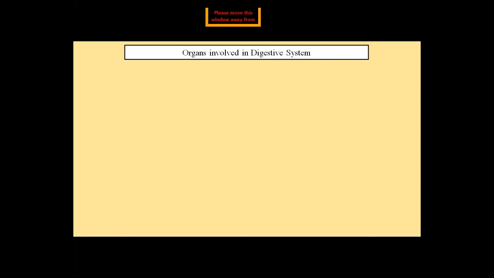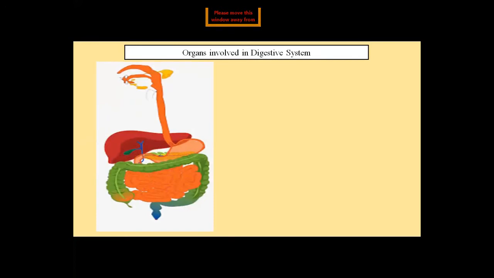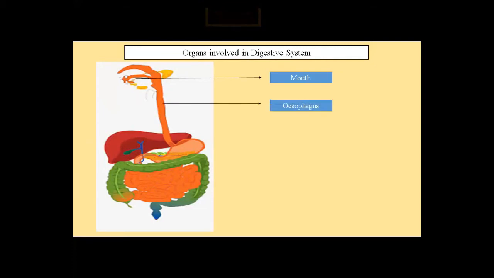What are the organs involved in the digestive system? First, you see all the organs. First is the mouth. The second organ is the esophagus. The third is the liver.